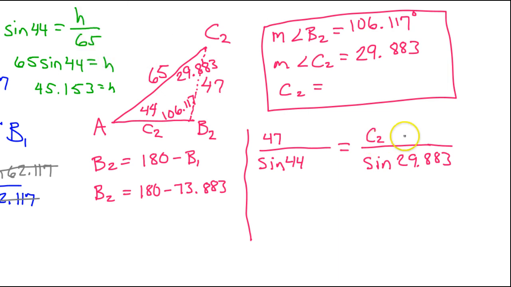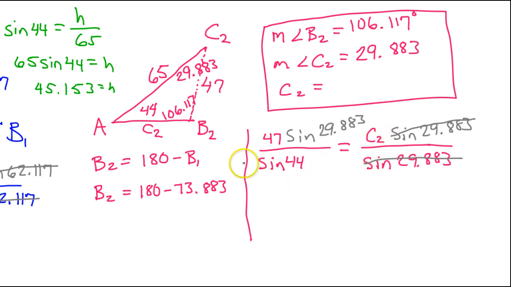To get C2 by itself, I need to multiply both sides by the sine of 29.883. In this way, these will cancel out and leave C2 by itself.